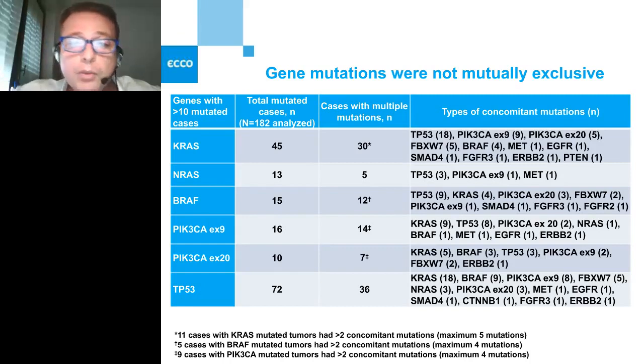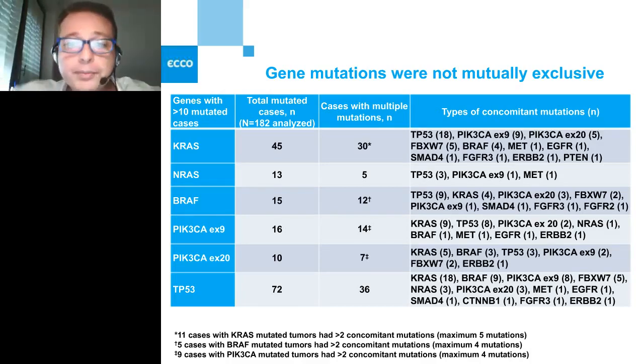Well, with regard to the outcome, this slide just shows that the response rate and the progression-free survival of the population that was analyzed for the 22 genes, 182 samples, is similar to the general population of 340 individuals.